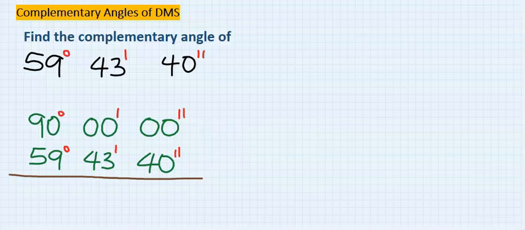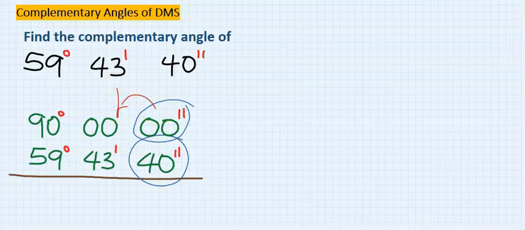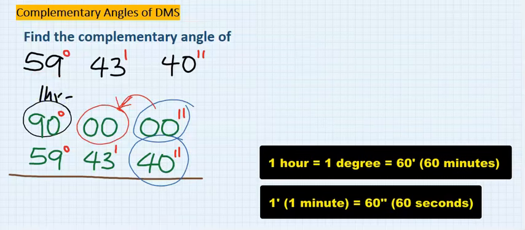However, we have a problem here. 0 cannot subtract 40. Hence, we go to the minutes to see if we can borrow 1 minute. However, we still have a problem here because this is equally 0. Hence, we need to go to 90 degrees, where we need to borrow 1 hour, which is 60 minutes.